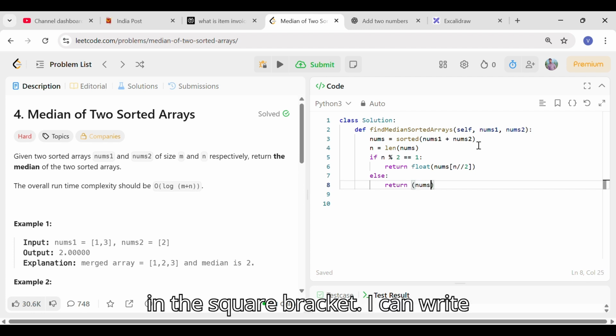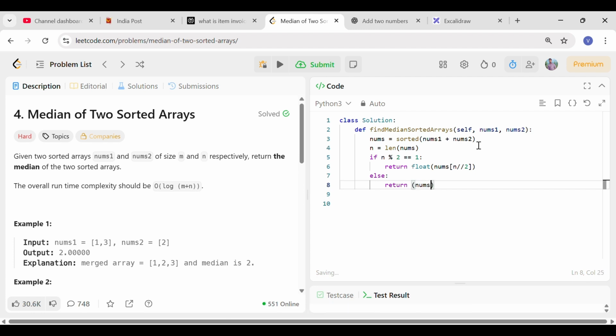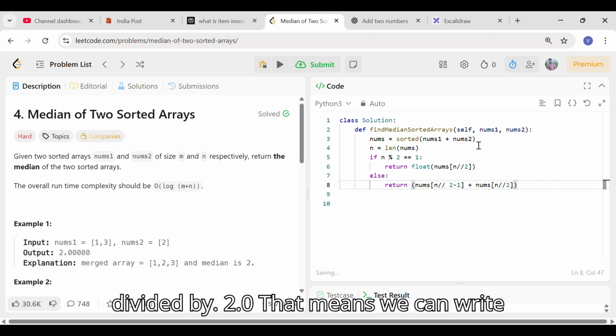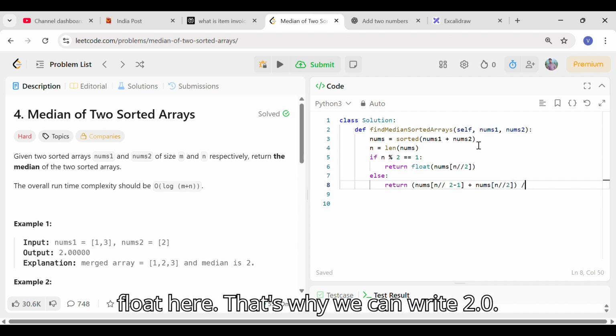In the square bracket I can write n divided by 2 minus 1, plus nums of n divided by 2, divided by 2.0. That's why we write float here. That's why we write 2.0.